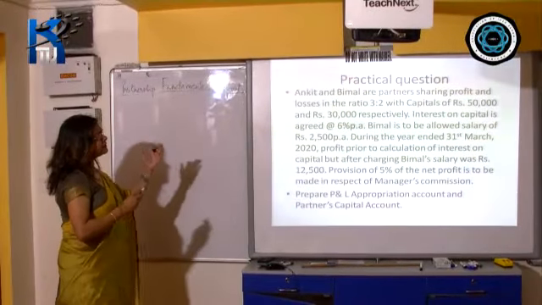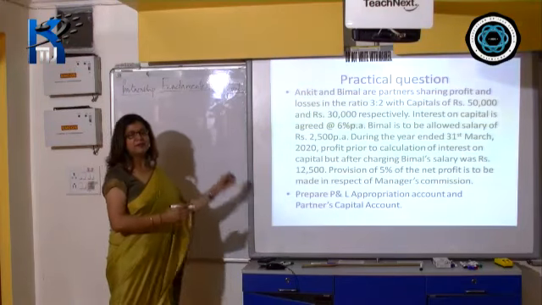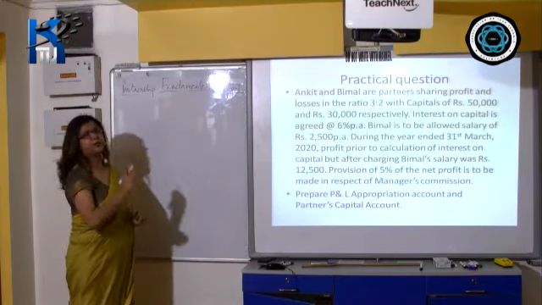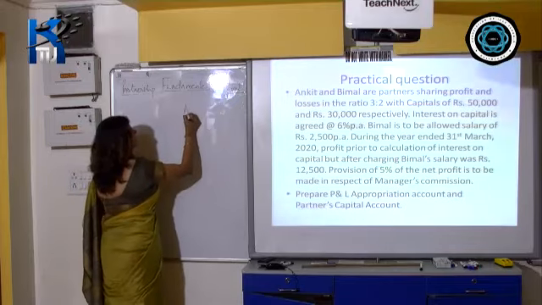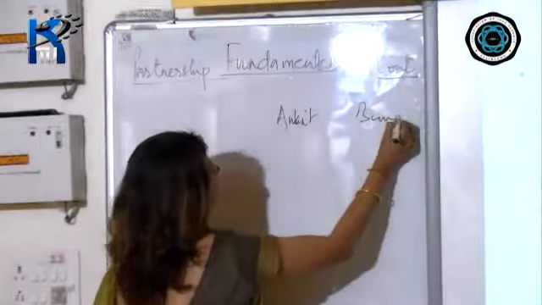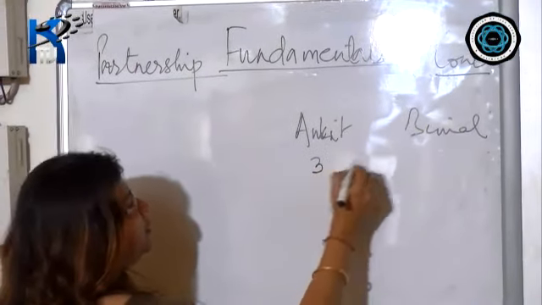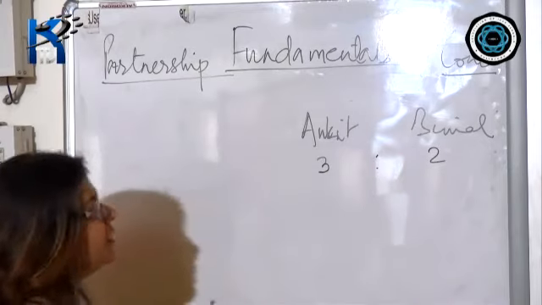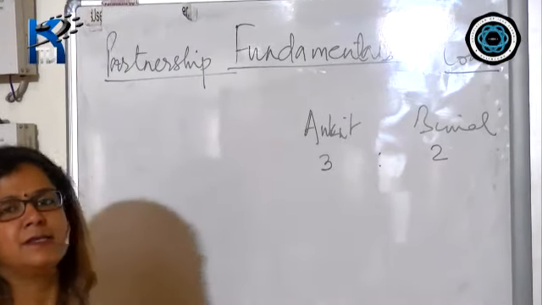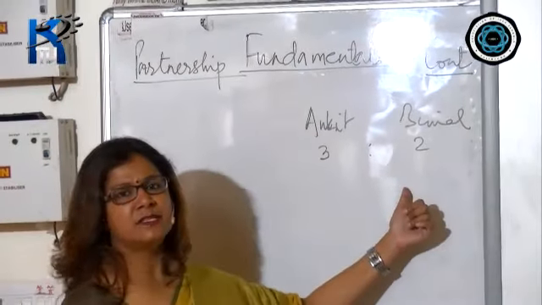In order to understand the question better, instead of looking at the whole paragraph, it is better you write it down point wise. So we start like this: Ankit and Bimal, they are partners. They share profit and losses in the ratio 3:2. So if I write it like this, it is very clear that two lines have been expressed in this form.